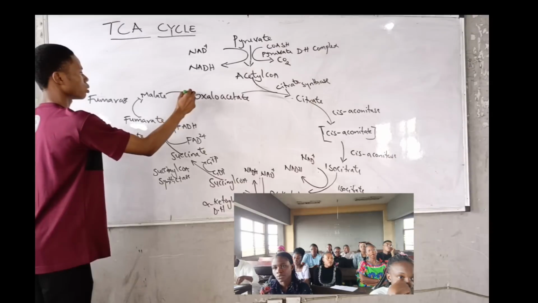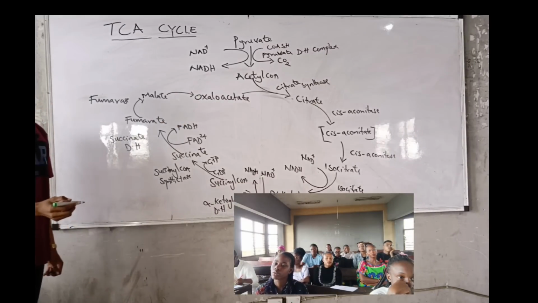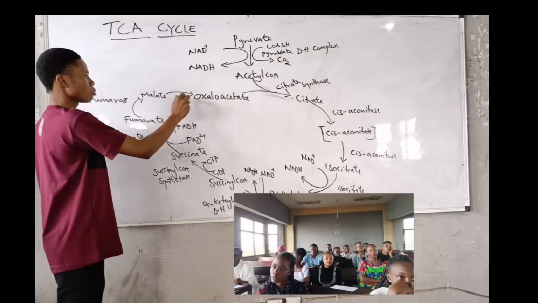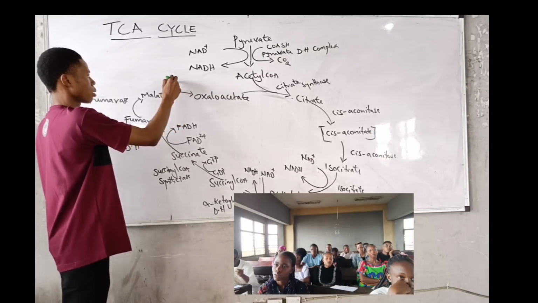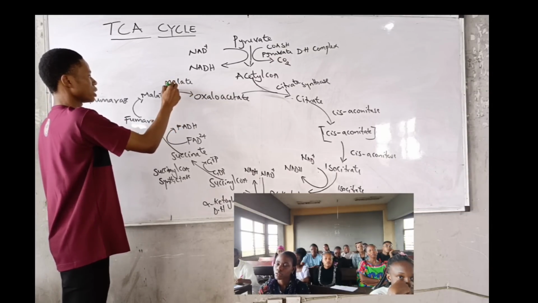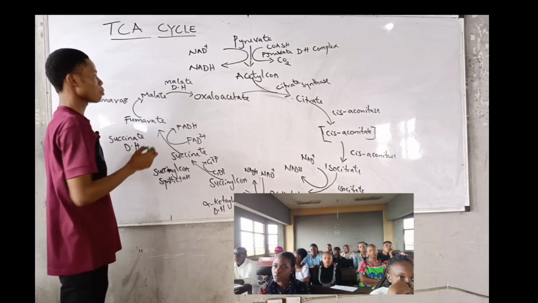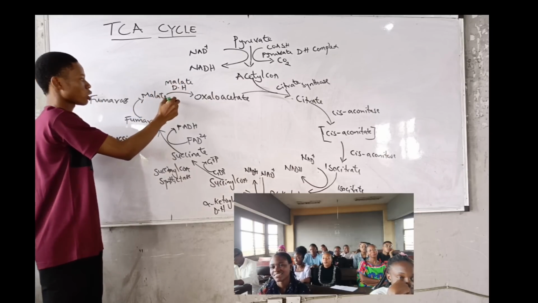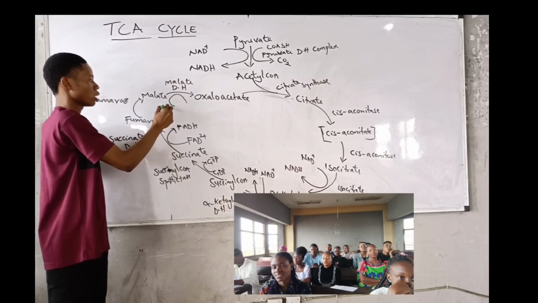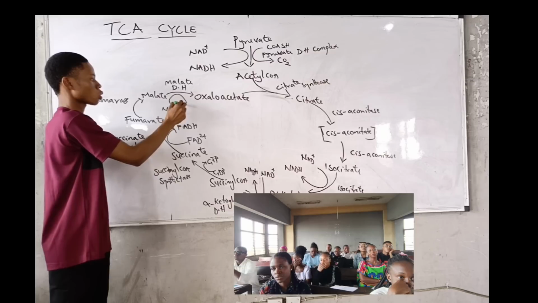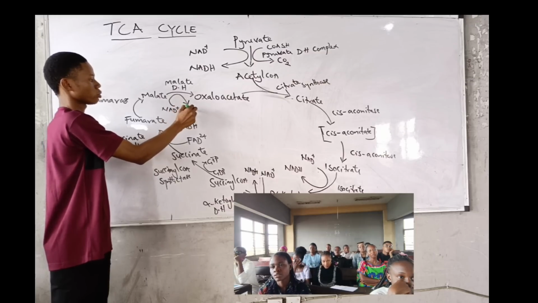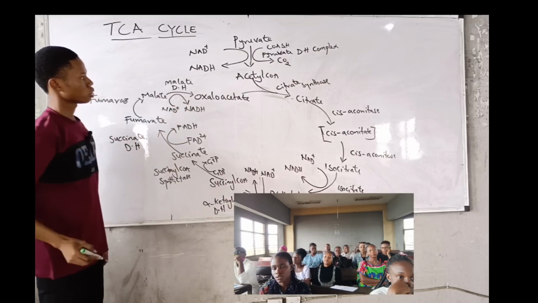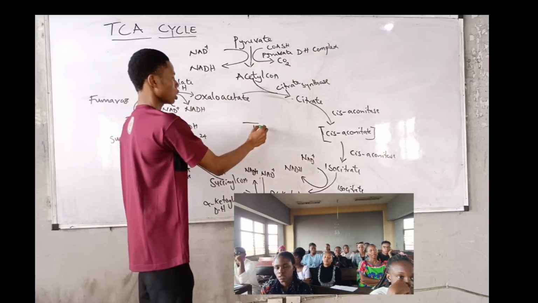Now from malate back to oxaloacetate, the name of the enzyme catalyzing is malate dehydrogenase. And NAD plus is converted to NADH. This is the TCA cycle.